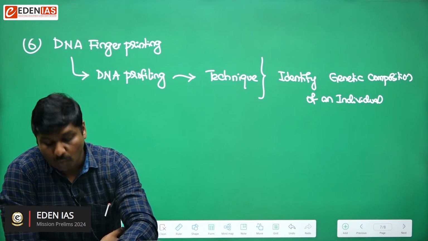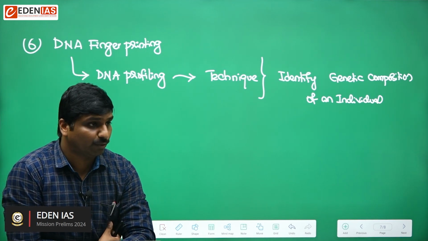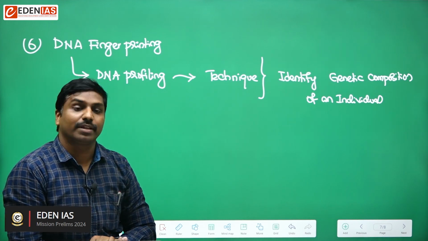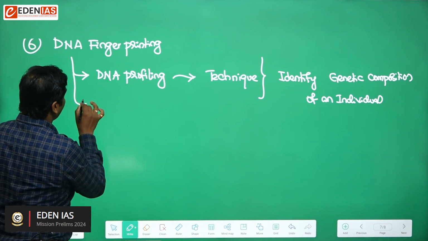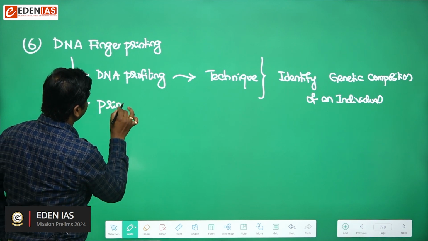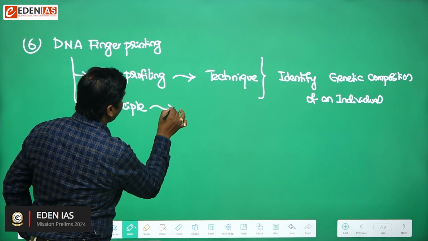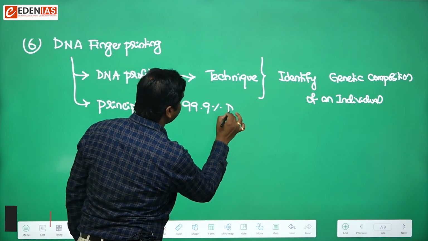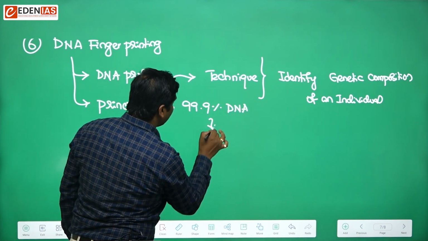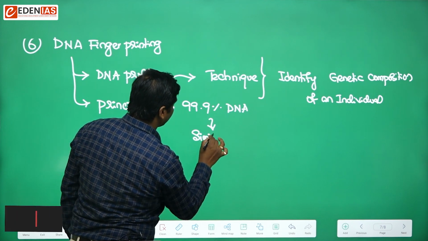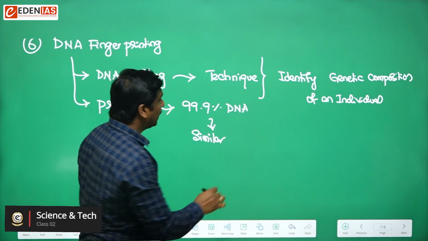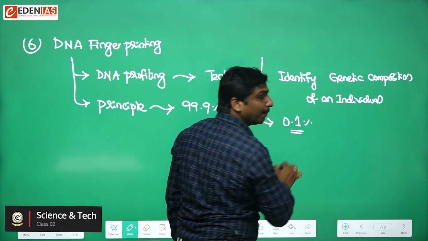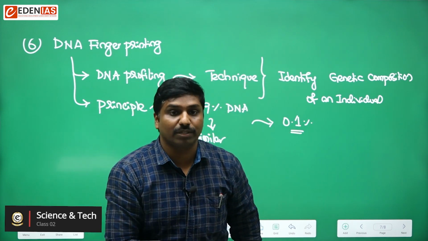Here, what is the principle that we will use? If you look at the genetic composition of humans, around 99.9% of the DNA of humans is similar. Only 0.1% of the DNA of humans varies from individual to individual.